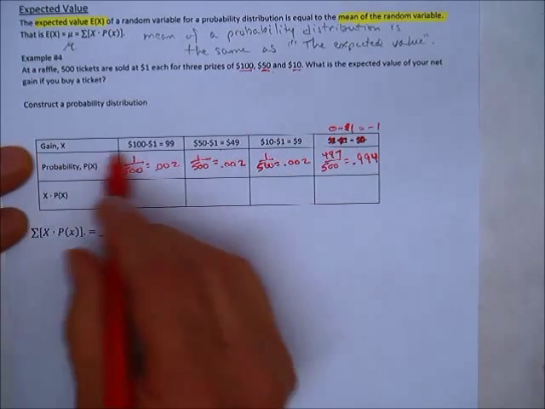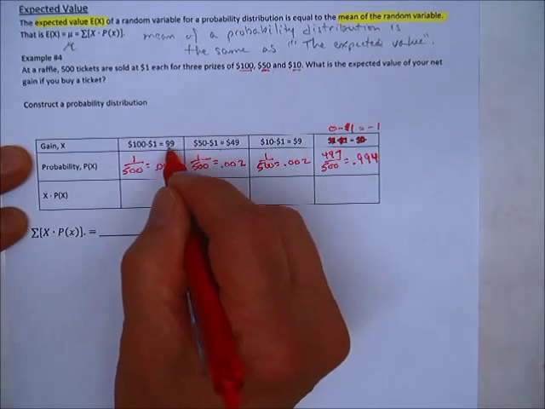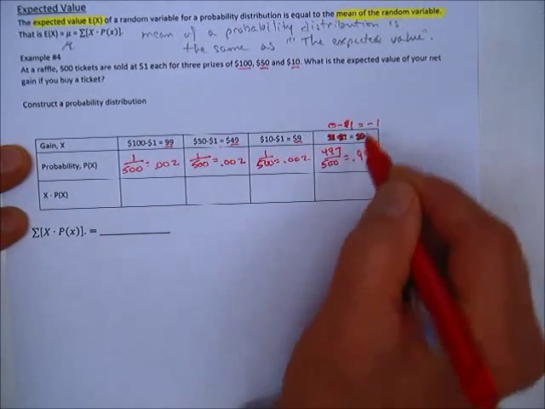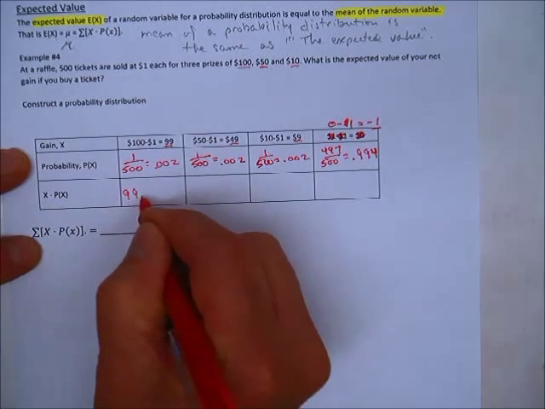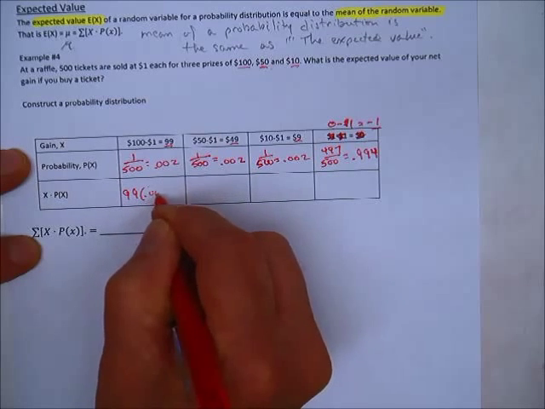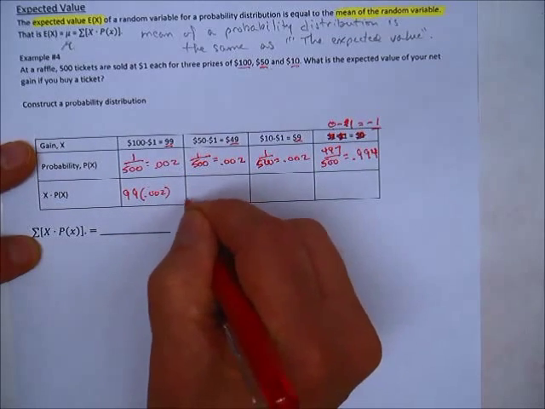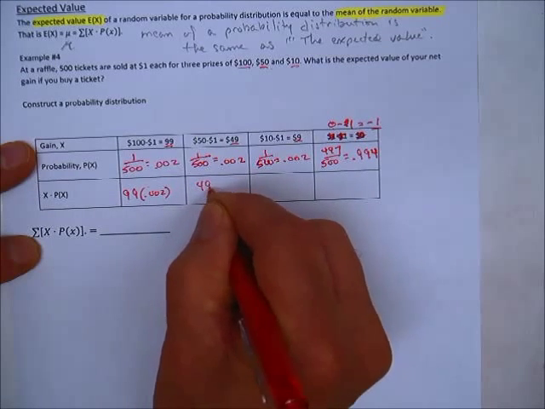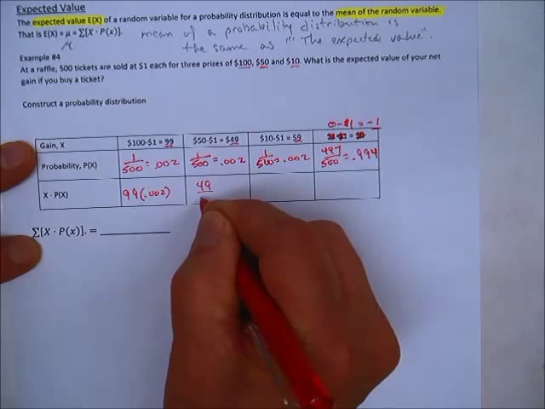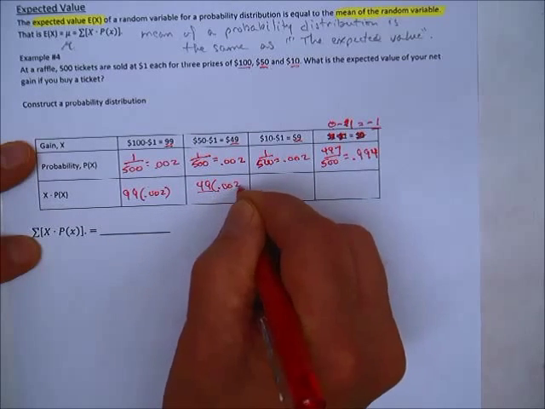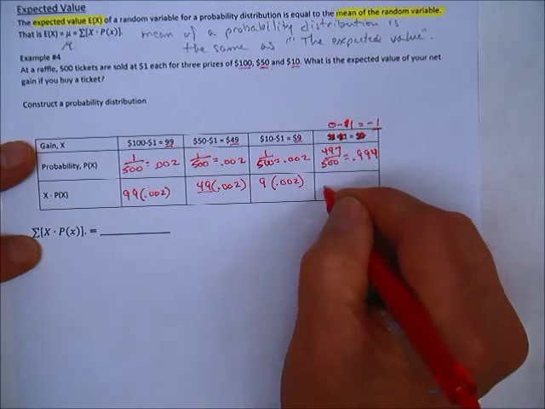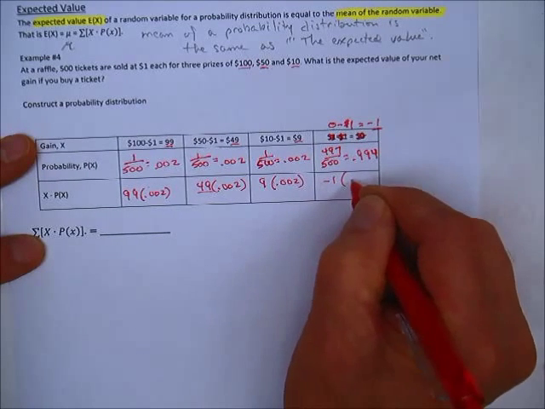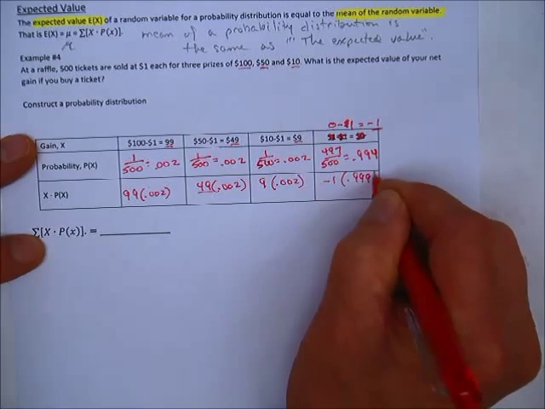So if we multiply our gains, these are the gains that we made, including the -1, times the probability. We have 99 times 0.002, and then 49 times 0.002, and then $9, that's how much we've made, times 0.002, and then -1 times 0.994.